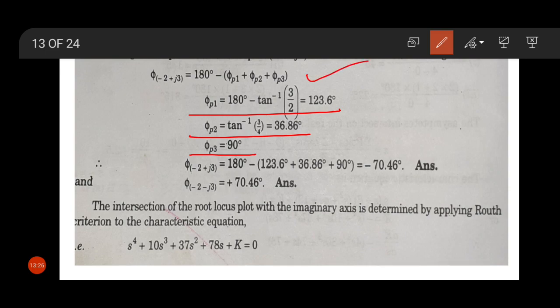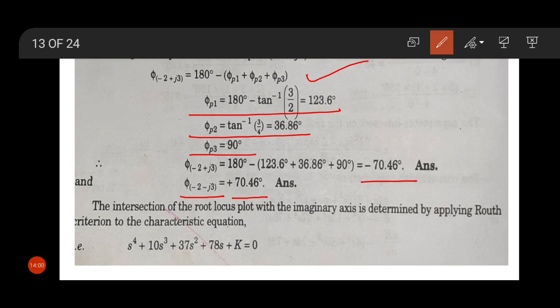Now put the values of phi p1, phi p2, phi p3 in this equation. Then our angle of departure for pole -2 + j3 is -70.46 degree. And in the same way we find the angle of departure for the other complex pole, -2 - j3, and this is obviously +70.46 degree, because they are complex conjugate poles.